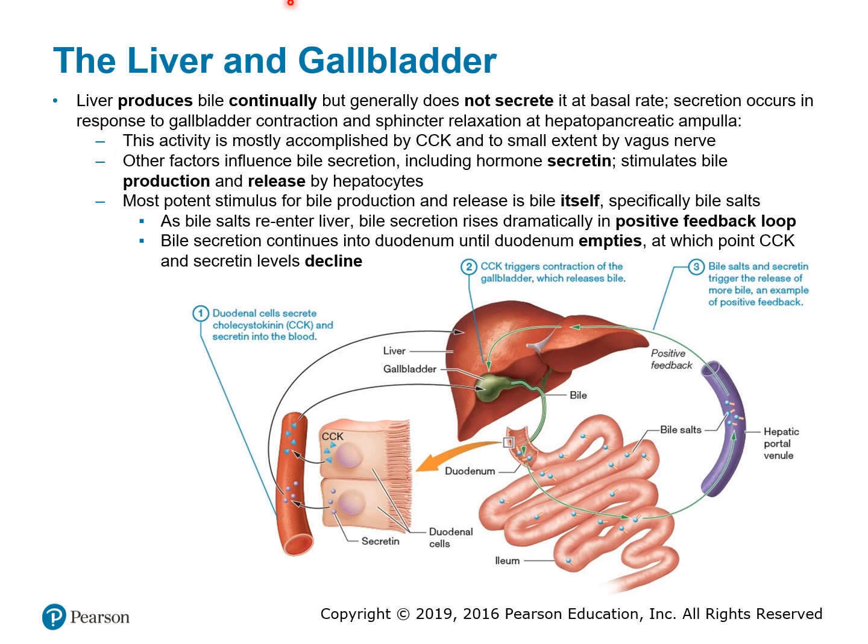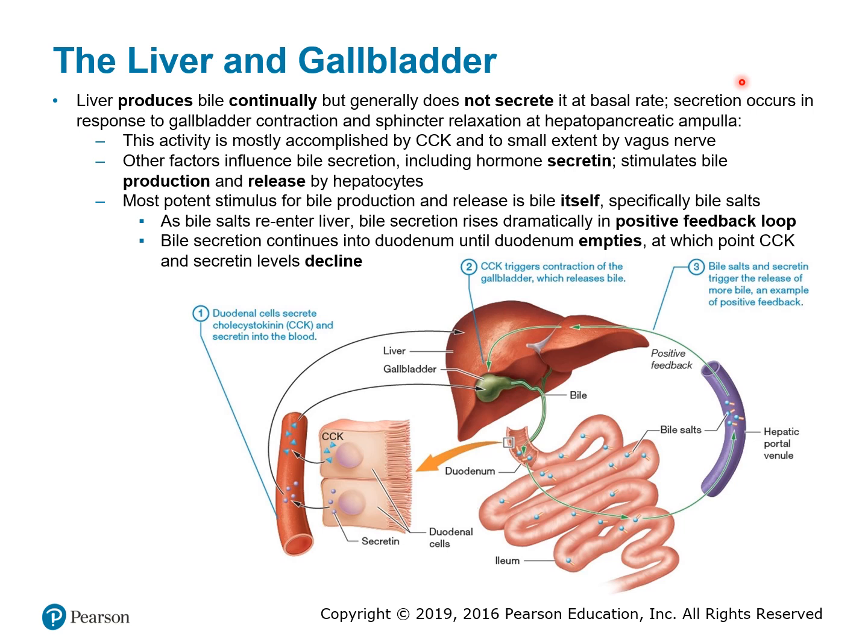Now the liver produces bile, and it is going to be stored in the gallbladder. Now, when the liver produces bile continuously, it is generally not going to secrete it at a basal rate. Instead, the secretion occurs in response to gallbladder contraction. So depending on how the gallbladder contracts and the sphincter relaxes at the hepatopancreatic ampulla, then it's going to be secreted.